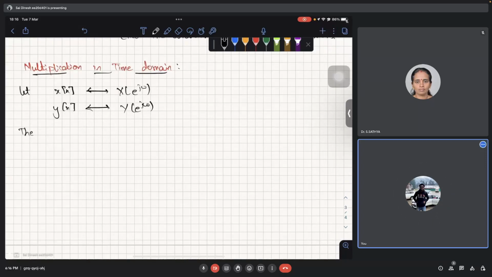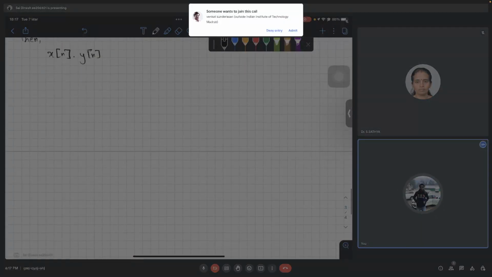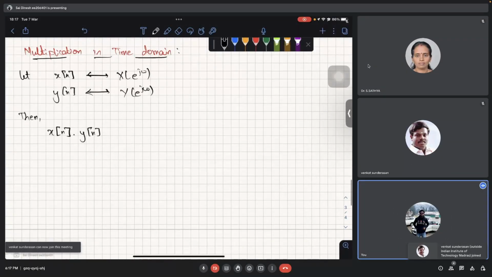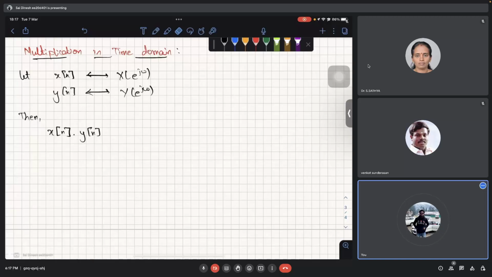In that case, x of n into y of n is a DTFT pair with 1 by 2 pi integral from minus pi to pi of x of theta y of omega minus theta d theta.